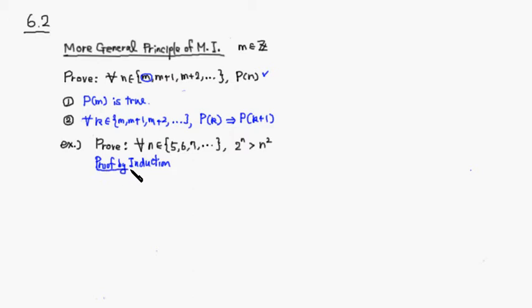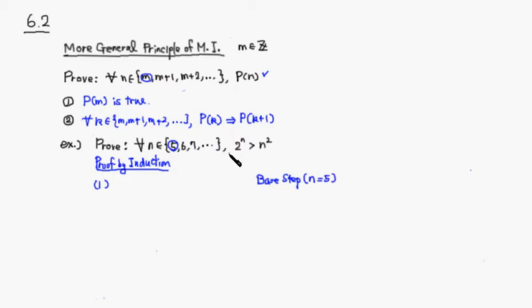Let's look at the base step, number 1. Starting from 5, the base step is n equals 5.